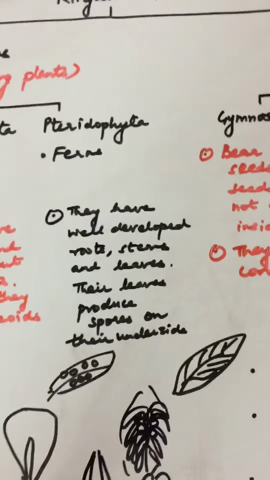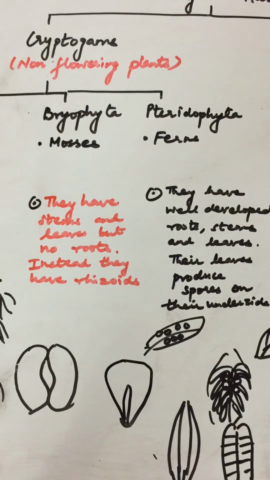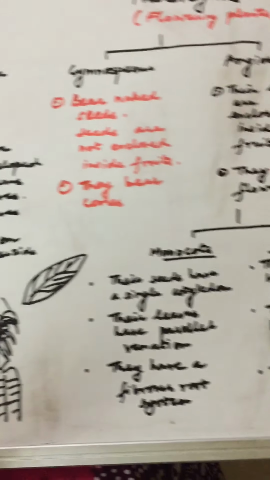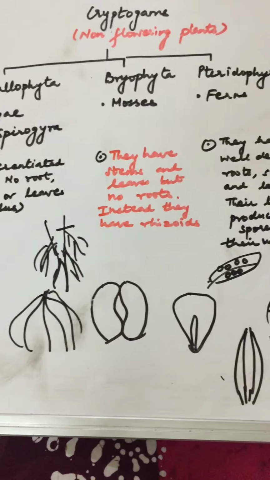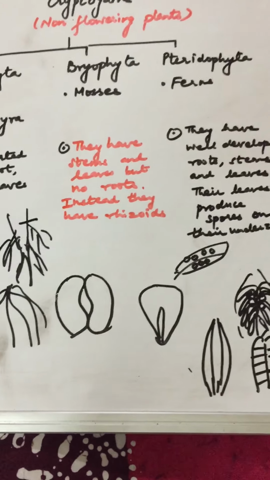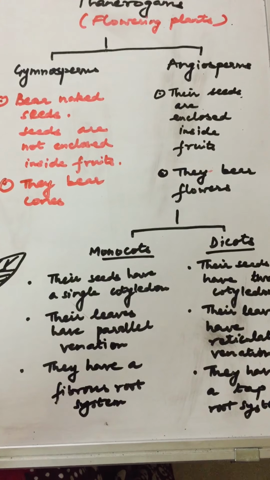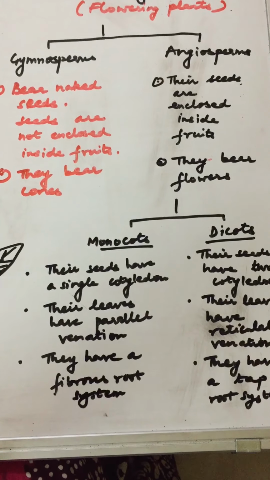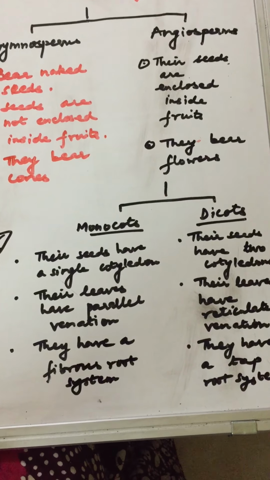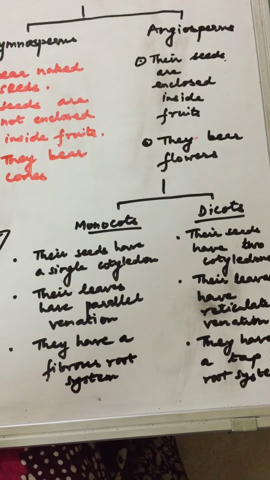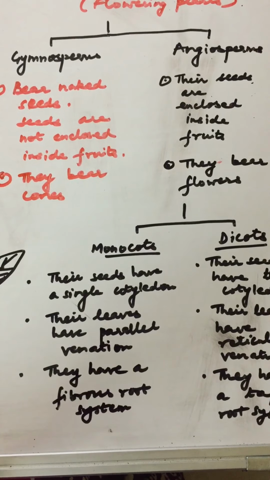And a quick recap: Kingdom Plantae divided into two categories: non-flowering plants or cryptogams and flowering plants or phanerogams. Cryptogams divided into three groups: Thallophyta, Bryophyta and Pteridophyta, and flowering plants divided into two groups: Gymnosperms and Angiosperms. Angiosperms are further divided into two groups: monocots and dicots. So this is all you need to know about the classification of kingdom Plantae.